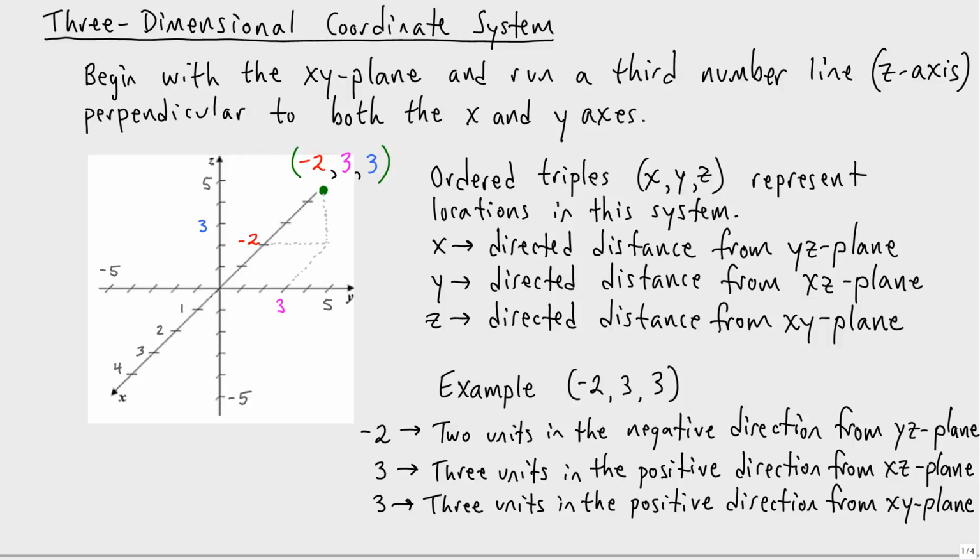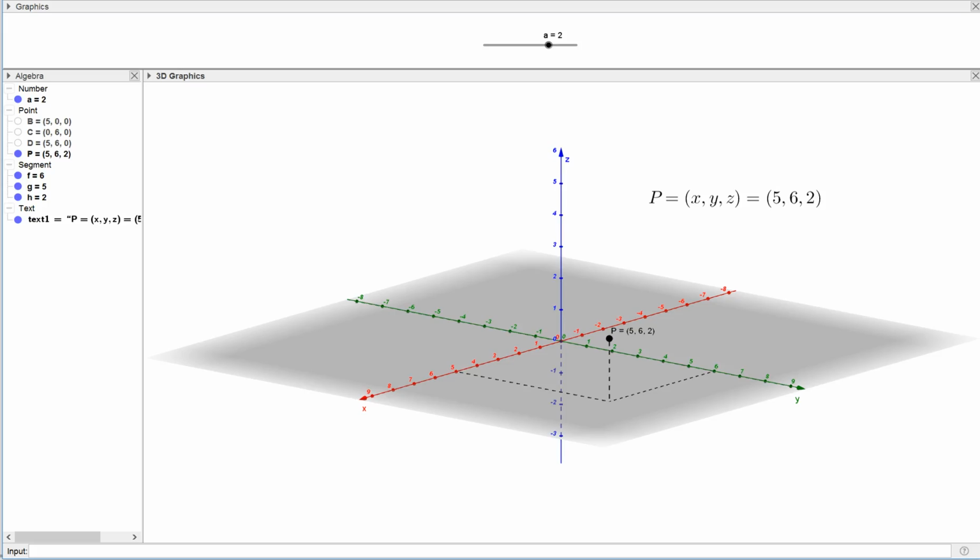So we'll go ahead and open up GeoGebra here, and let's see what we got. So I've got this point plotted, (5, 6, 2). So that's 5 in the positive x direction, so there's the arrow. That is 6 in the positive y direction, so we go 5, 6 this way, and then 2 units up, because it's 2 for the z-coordinate.